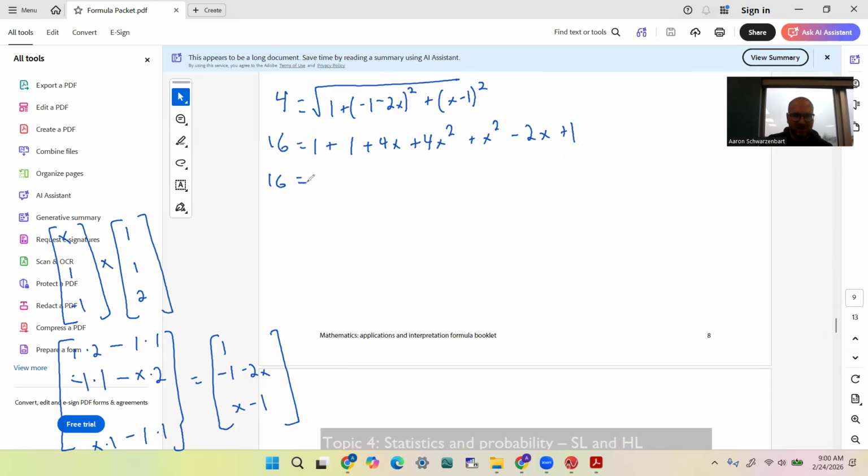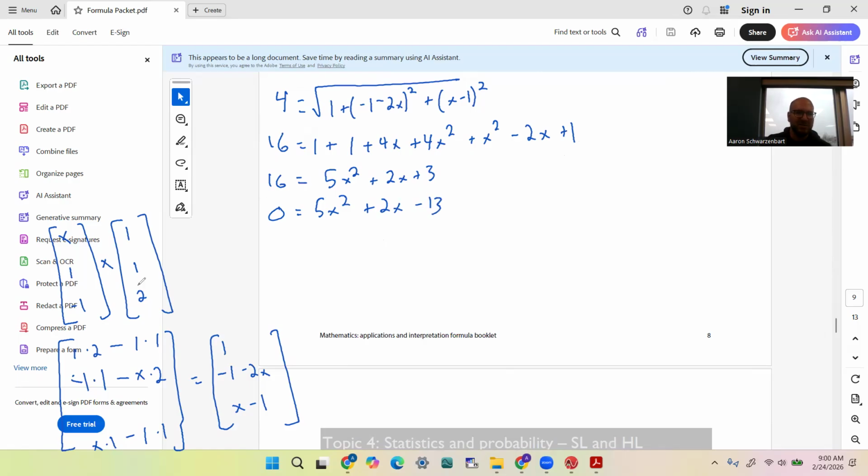I'm going to combine like terms. 5x squared plus 2x plus 3. I'll set it equal to 0. 5x squared plus 2x minus 13.